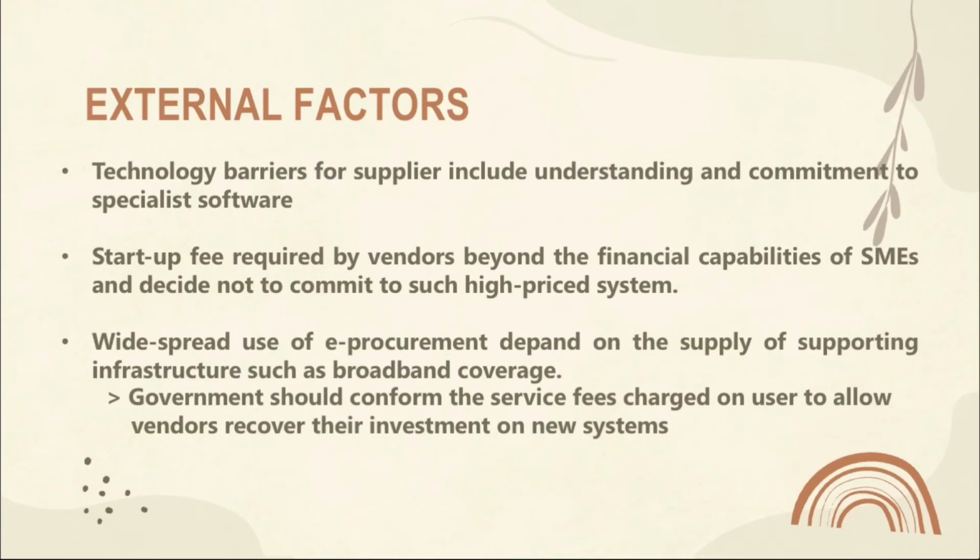The decreased support of such a system is mostly from massive corporations that will profit more because of the large volume of trade and various transactions. The utility and security problem with the system are major issues for potential adopters. The widespread use of the e-procurement system additionally depends on the supply of supporting infrastructure like broadband coverage. Therefore, government should confirm the service charge on users to allow vendors to recover their investment in the new e-procurement system.